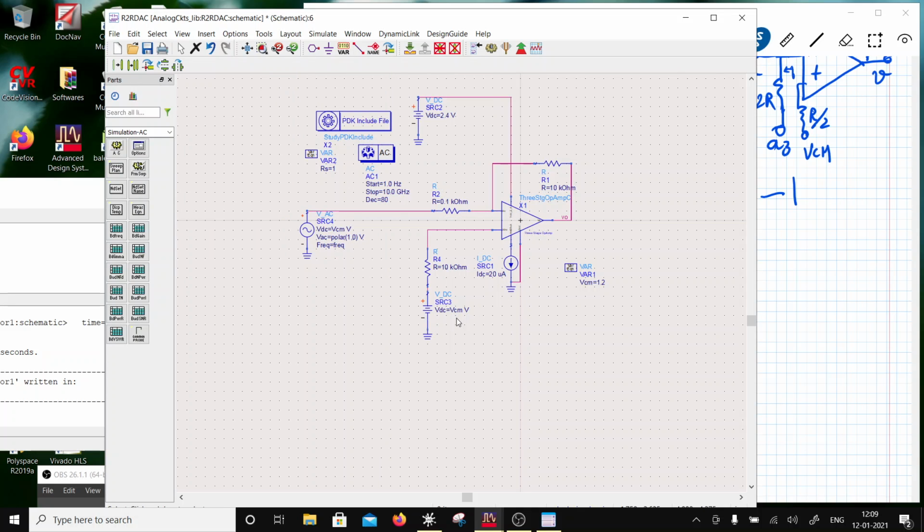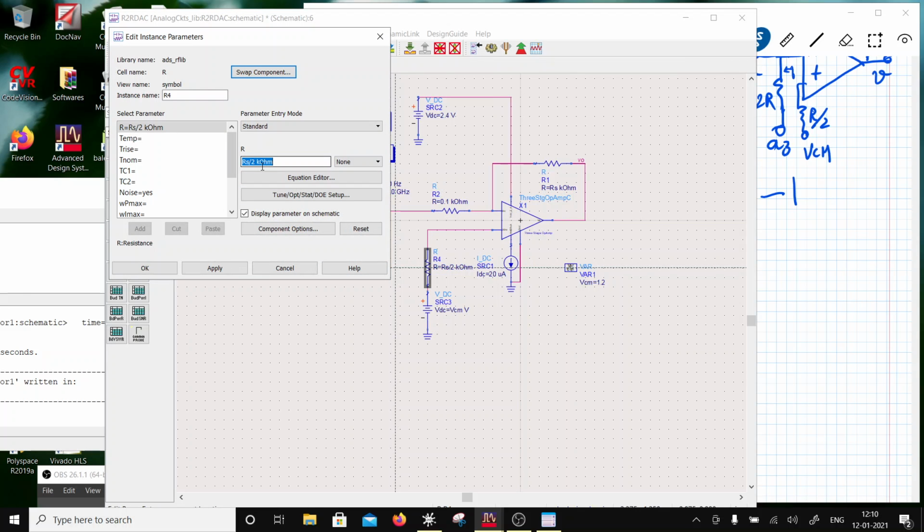So this is going to be RS kilo ohm, and this is going to be RS kilo ohm by 2. RS by 2 kilo ohm. Hang on a second. Let's put a kilo ohm over here, and this one also.